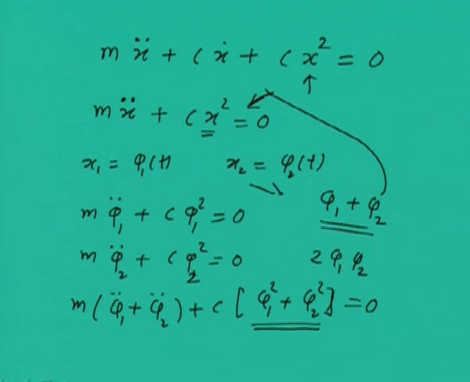If it were there, then we would have got phi 1 plus phi 2 whole square. So this particular equation which we are getting from these two, we are not getting from the general solution. That means we are not able to use the superposition theorem here, and because of the nonlinearity this problem is coming, and we need an extra term to satisfy this condition.